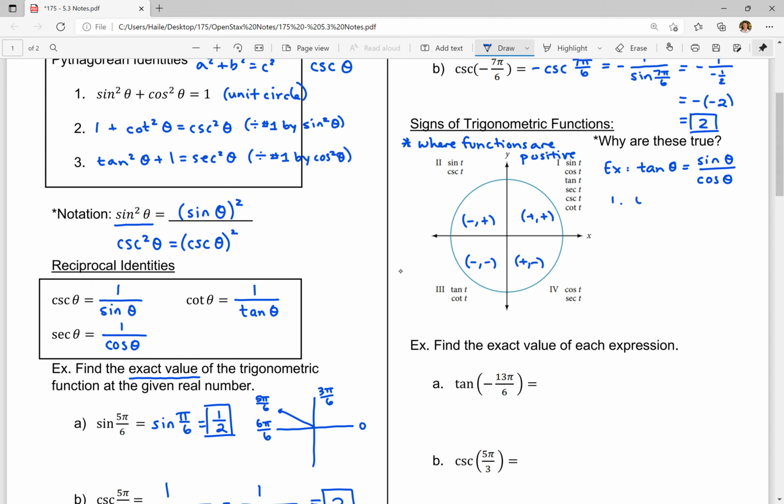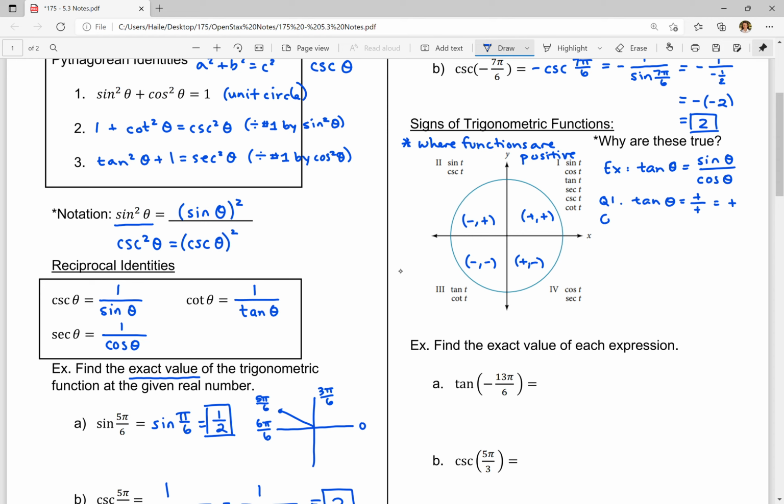So tangent of theta would be a positive number divided by a positive number. So in quadrant 1, we know that sine is positive as well as cosine. So tangent is just going to be a positive number divided by a positive number, which gives us a positive number. And so notice in our diagram, we see tangent is listed in quadrant 1, which means that it's positive.